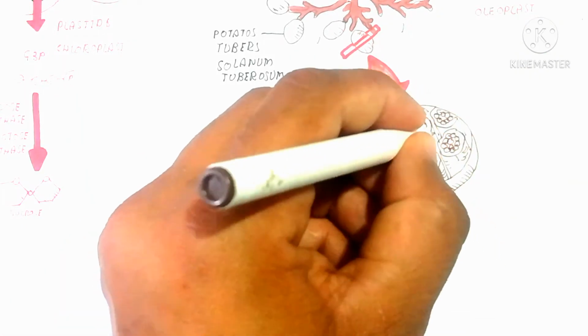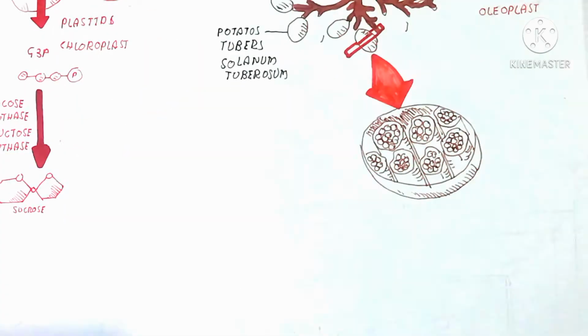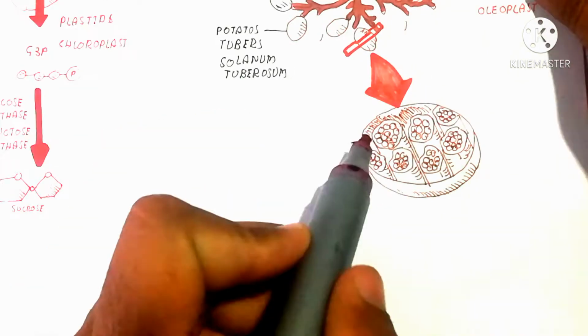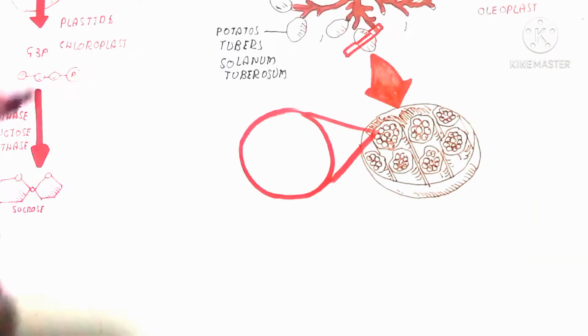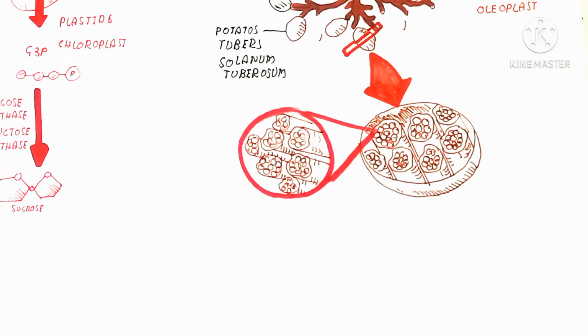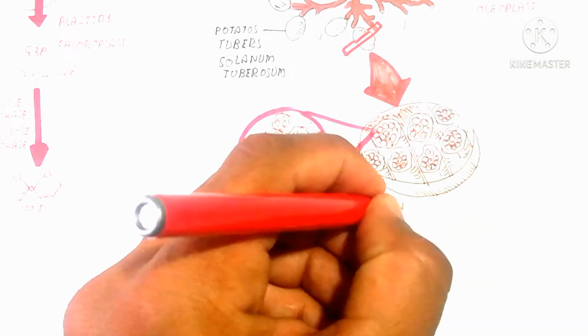So remember it. If we separate one fiber or one cell, basically it's an amyloplast. Fat storage is in the oleoplast, but starch storage is in the amyloplast. It is also known as a plastid.